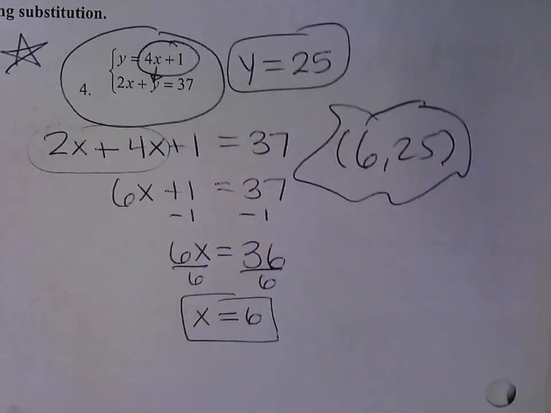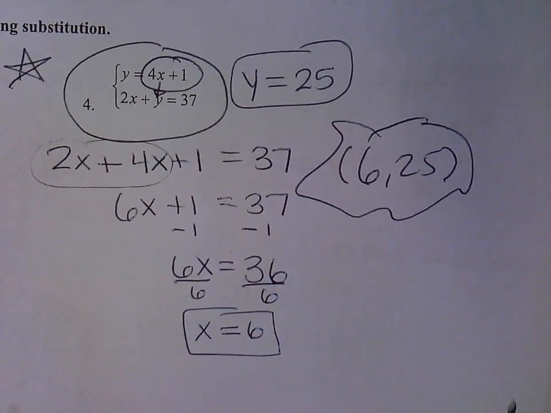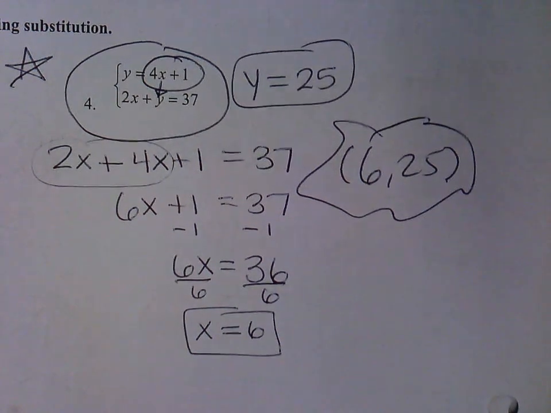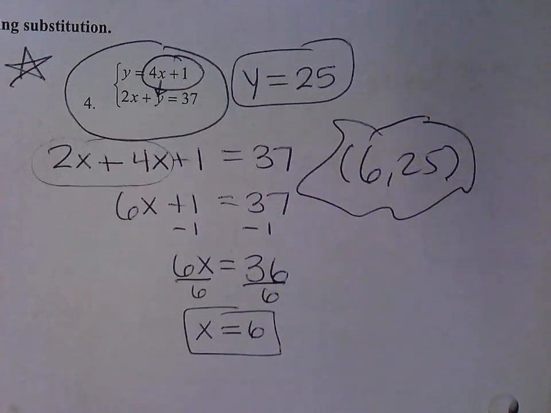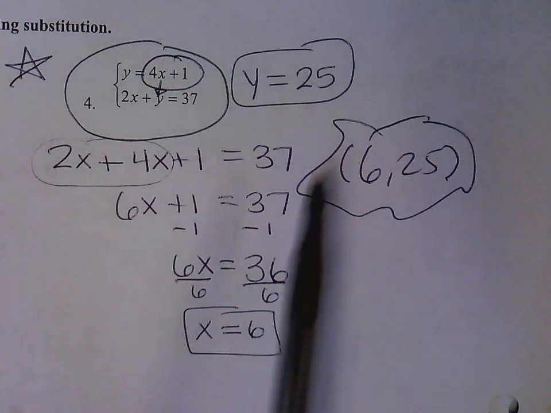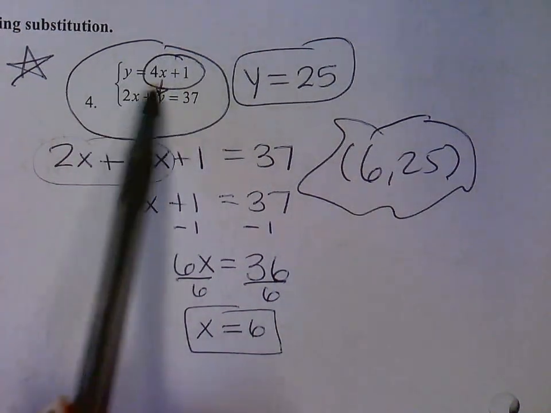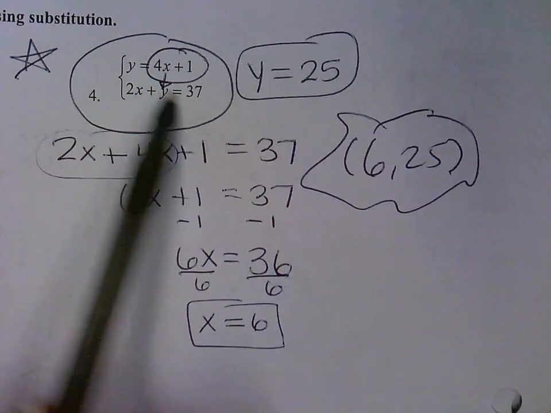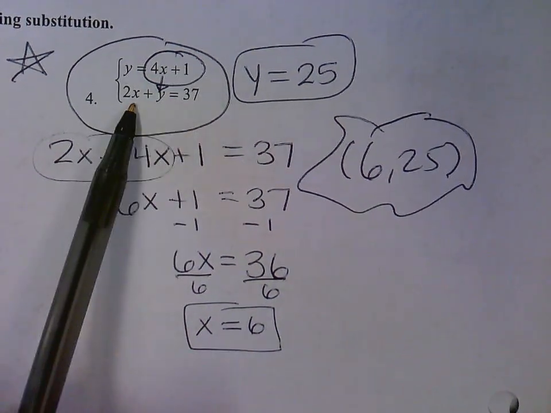And one of the reasons I like math is it's always checkable. So I can check before I turn in my quiz a lot of times that I have the right answer. So for this problem, you could literally take your 6 and your 25 and you could plug it into the other equation and it should work. We already know that it works in the top equation. Does it work in the bottom equation?